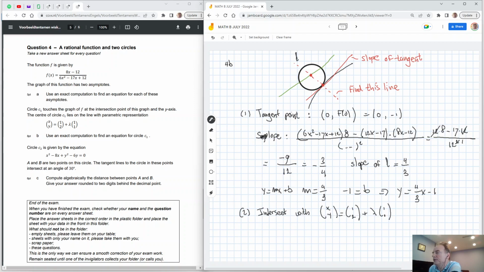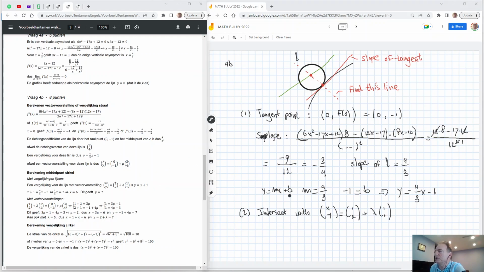Let's actually write this in a similar representation, and then you get two equations with two unknowns.